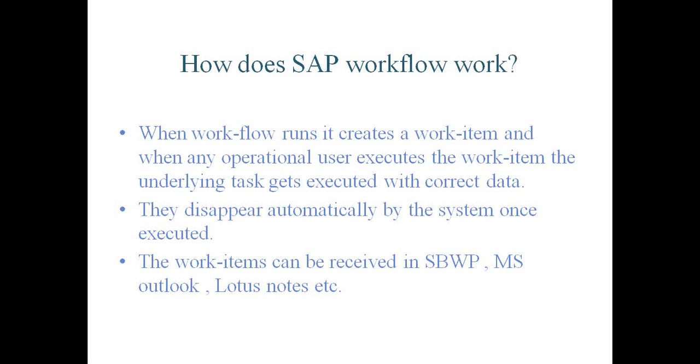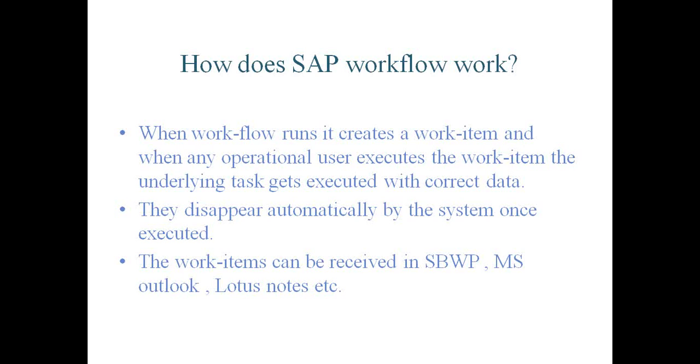As I have already told you, whenever you execute the workflow, the work item gets created. Whenever one task gets executed, the work item gets generated. That work item can be a dialog work item, which means some user interaction is there. It can be a background work item, which means that it has been executed in background. I will be discussing in detail how many types of work item are there and what are their roles and how they get generated.